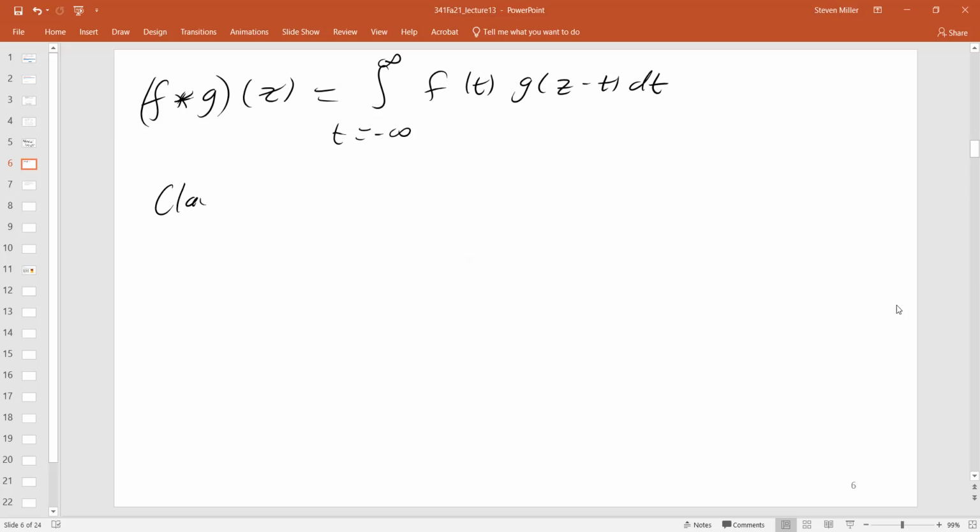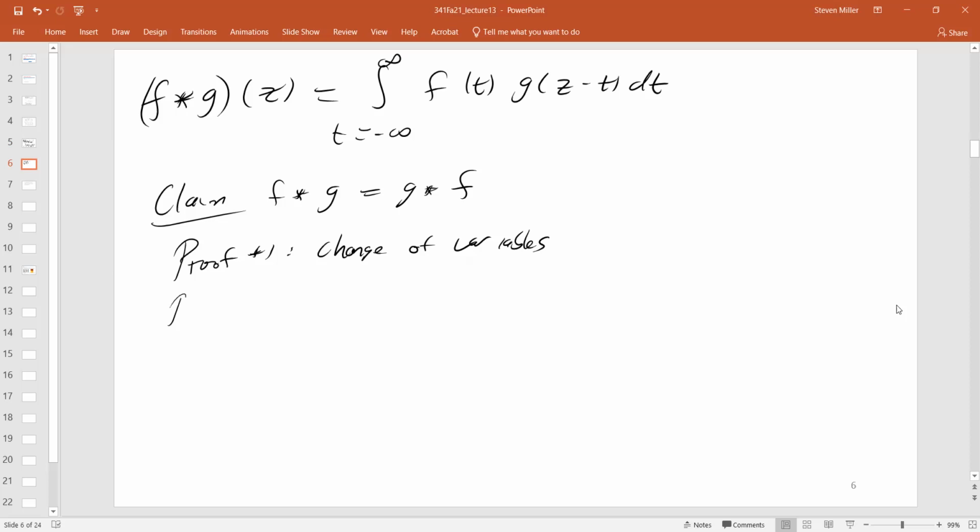I claim F star G equals G star F. The convolution of F and G is the same as the convolution of G and F. One way to prove this is change of variables. So proof 1, change of variables. There's a better proof though.